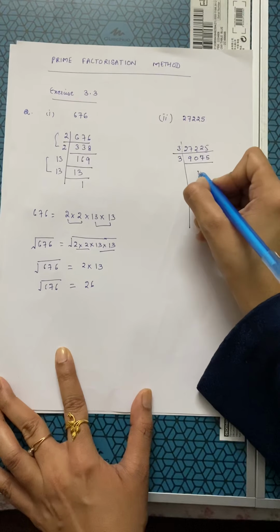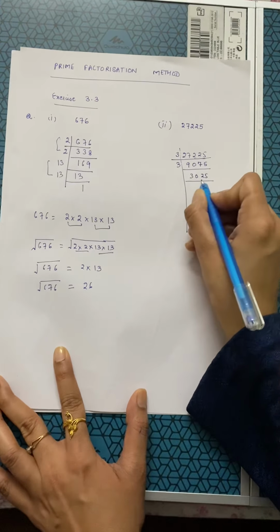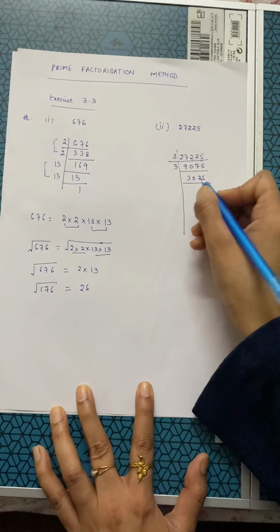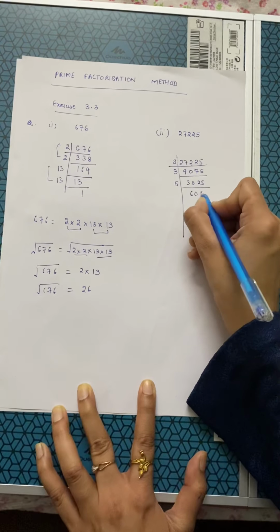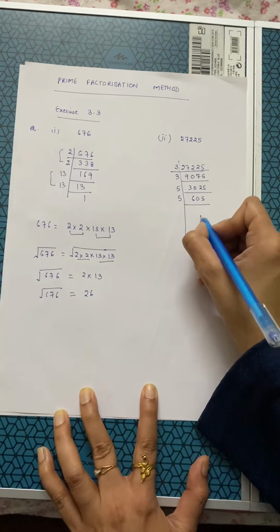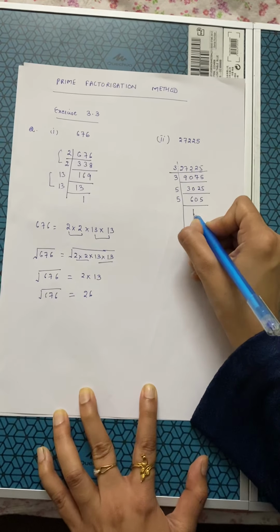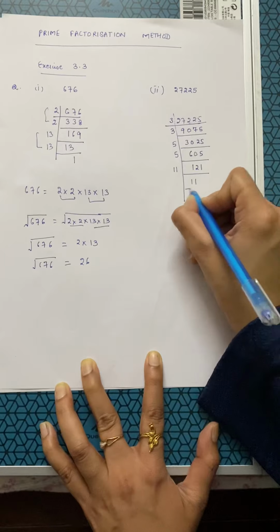So it will be 3025. This number is not divisible by 3 anymore. I will divide this number by 5. So it will be 605. Again with 5, this number comes out to be 121. 121 is a perfect square of 11.